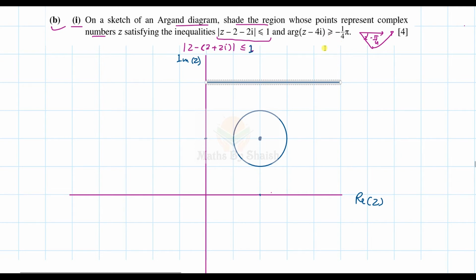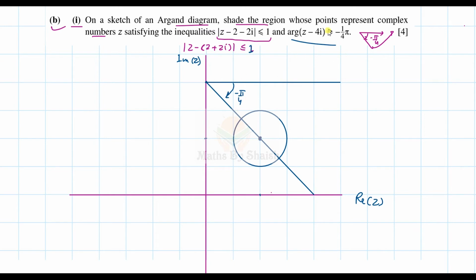So I'll draw the line which makes -pi/4 angle, because we measure the angle from the initial line. So this represents the half line through this 4i, and this is the line.